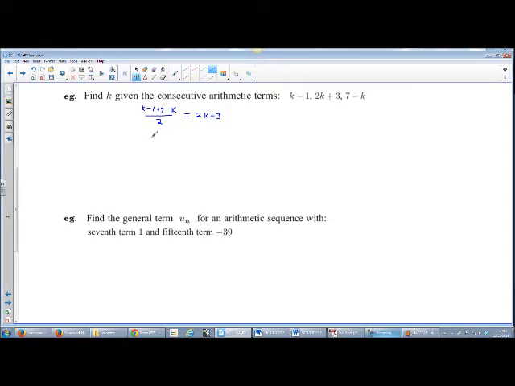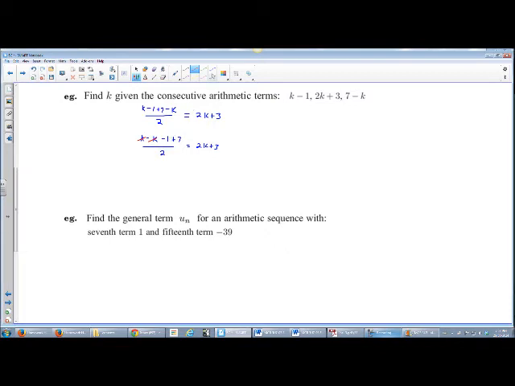So we can just simplify this. We've got k minus k minus 1 plus 7 over 2 equals 2k plus 3. We see that the k's are obviously going to cancel out.